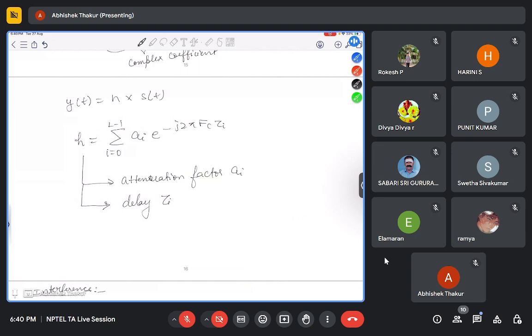So now the fading channel coefficient, what we have described here, is a summation that depends on the attenuation factor a_i and the delay tau_i.